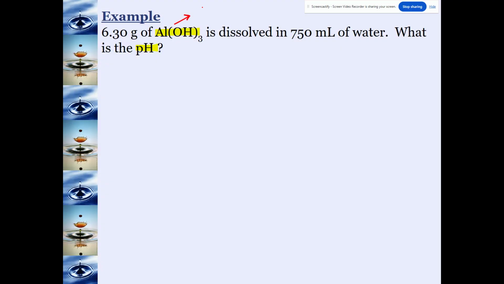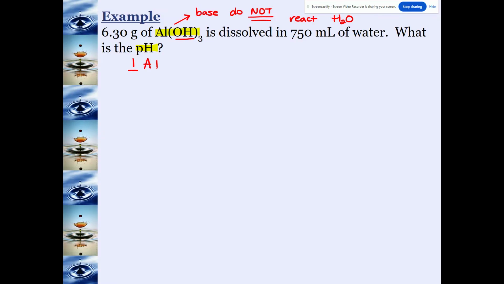If it's an ionic hydroxide, which aluminum hydroxide is, it's actually a base. Bases do not react with water. Acids do to form hydronium, but strong bases, which you'll always have in your pH calculations, do not react with water. All they do in water is dissociate.